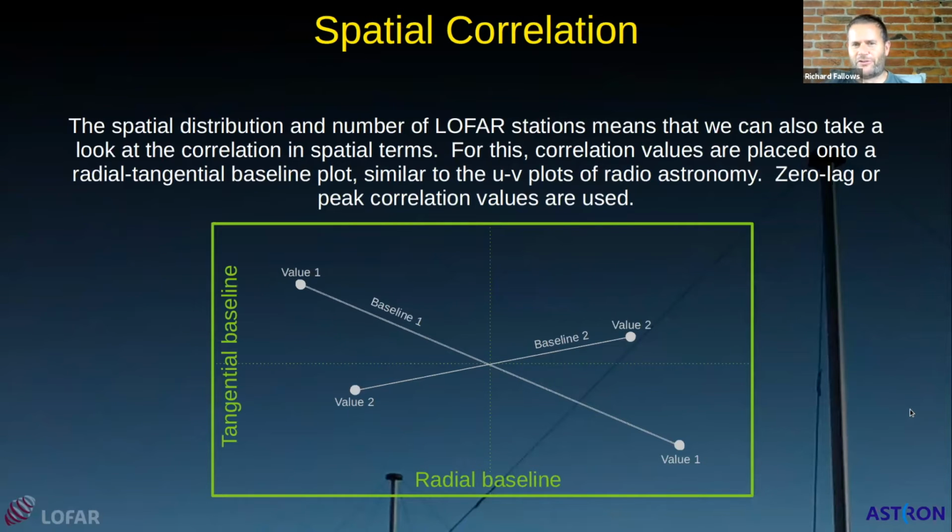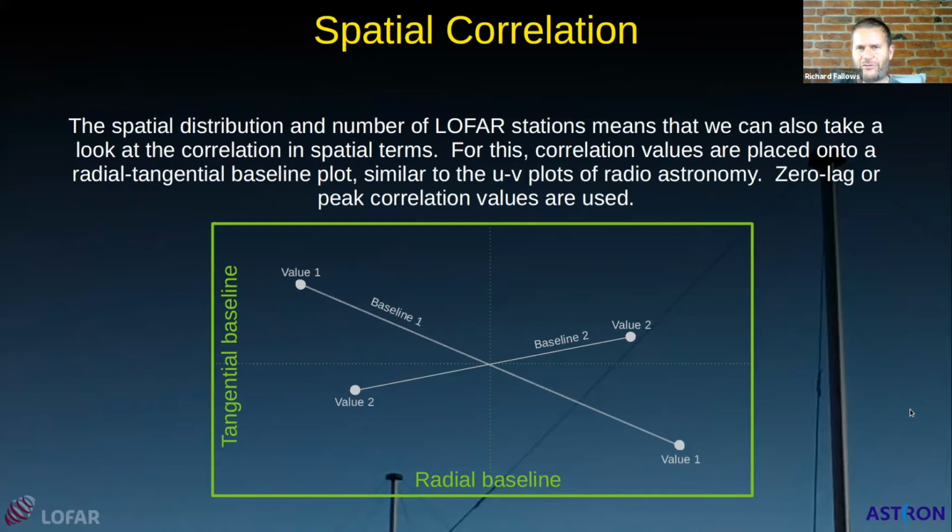So now we're verging into techniques which those of you who are radio astronomers might find a little bit more familiar, but only slightly. You may be familiar with the concept of the UV plots in radio astronomy. And I'm doing something vaguely similar here with the IPS data. So say we have a pair of stations. We have a cross-correlation function between them.